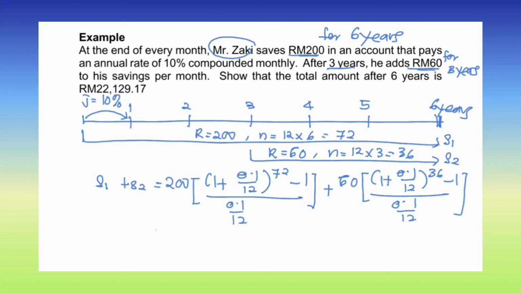So when we calculate, S1 equal to 19,622.26, S2 equal to 2506.91. So the total will be RM 22,129.17. So shown.